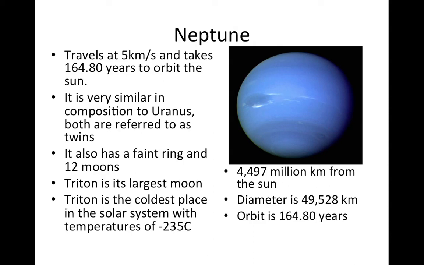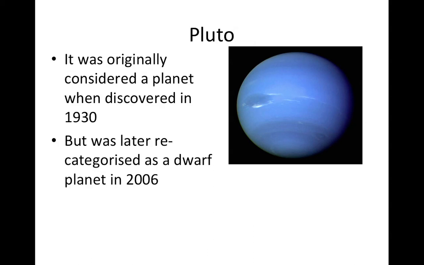Triton is its largest moon, and Triton is actually the coldest place in the solar system, with a temperature of minus 235 degrees Celsius.